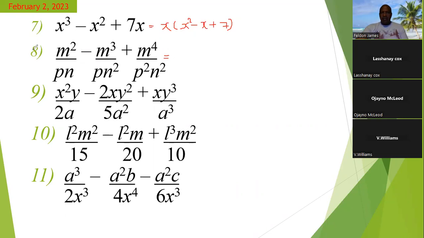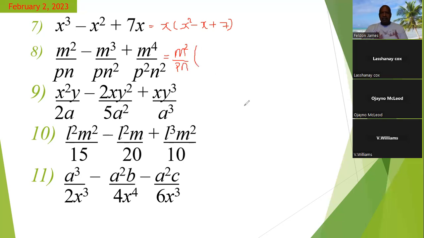All right, so what would be the highest common factor for the numerator? M, sir. You want to check that again? Sir, m squared? Yes, certainly, because we're looking for the lowest power of m that we have. So it would be m squared for the numerator and pn for the denominator.